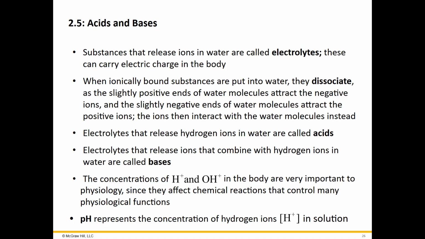So when we have an ionic bond put into water, it dissociates. The slightly positive end of the water pulls apart the ionic bond on the negative side. The slightly negative side of water attracts the positive ion in that crystal array. Because remember, because they're not sharing electrons, they don't form molecules.